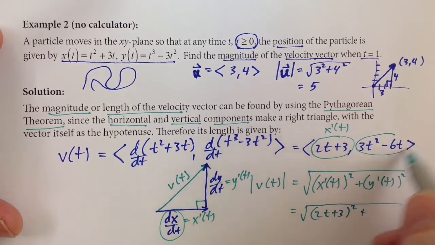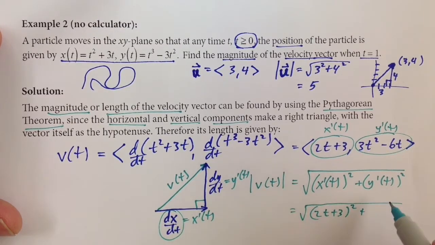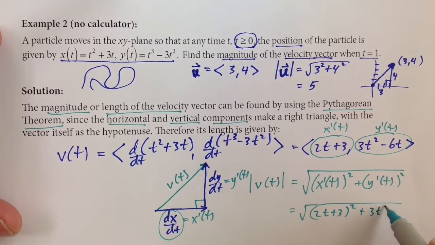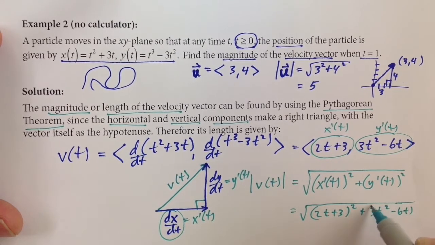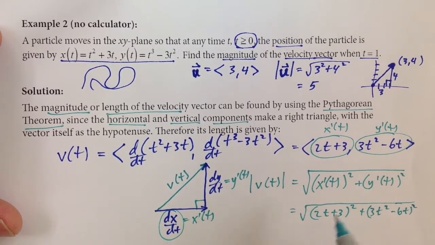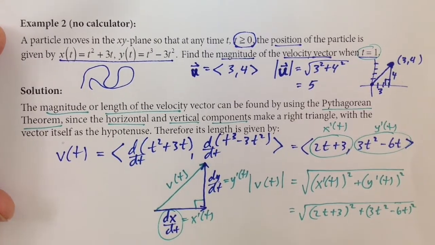And our y prime of t is 3t squared minus 6t. It looks like it's going to get really, really messy. However, don't forget, we're trying to find the magnitude of this velocity vector when t is equal to 1.